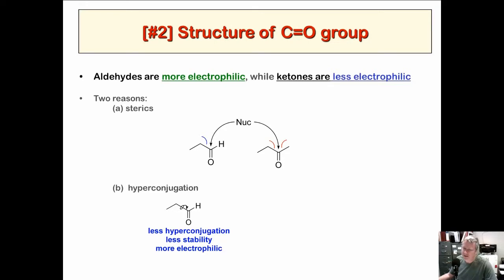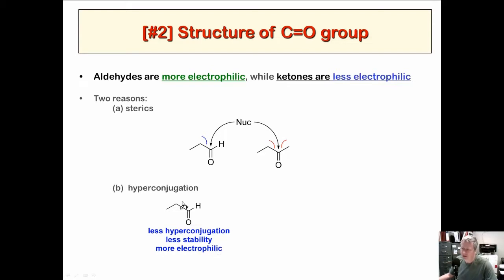So it's the same kind of idea: the things on the carbonyl, whether it's an aldehyde or a ketone, can donate their electron density in to stabilize the positive charge a little bit. Okay? It's an electronic effect. And aldehydes have that, and ketones have it. But aldehydes have less of it because they only have one alkyl group. So there's less hyperconjugation and less stability, and that makes it more electrophilic, more reactive.